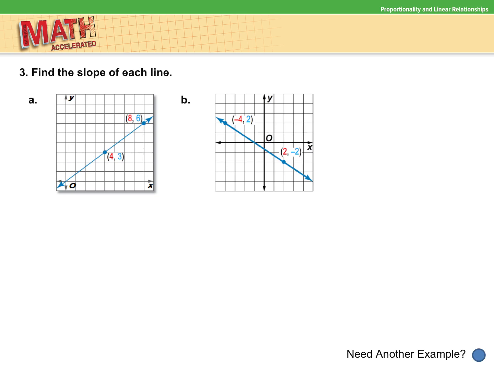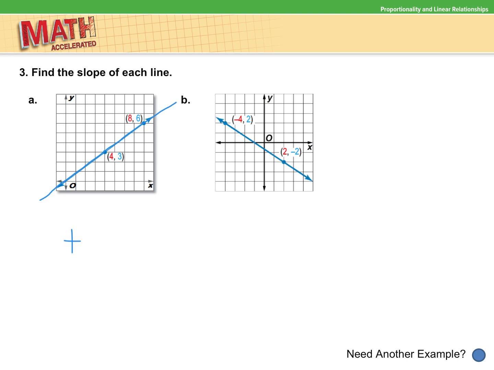Okay, let's look at A together and we're going to try B on our own. On these, we're only given the graph. So I want to use rise over run. What I want you to do first is say if it's positive, negative, 0, or undefined just by looking at it. Think to yourself first. What do we think? Positive. Why is it positive? Because it's going up from left to right, so we know this one is positive. Okay, now how do we find our slope?